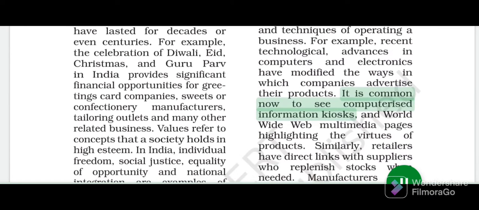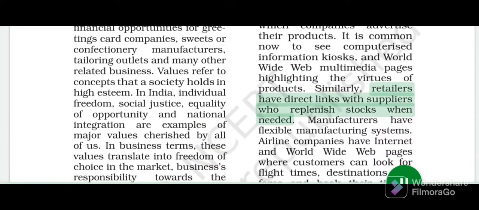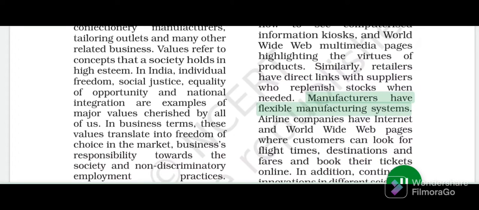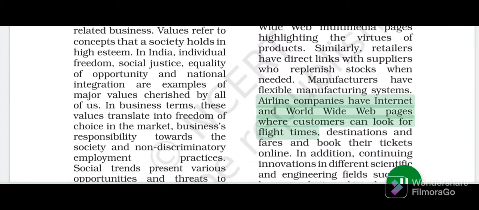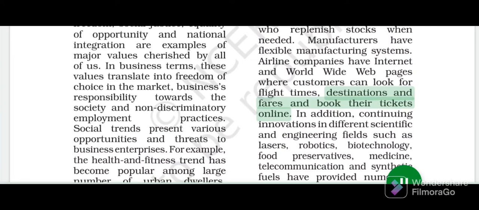It is common now to see computerized information kiosks and World Wide Web multimedia pages highlighting the virtues of products. Similarly, retailers have direct links with suppliers who replenish stocks when needed. Manufacturers have flexible manufacturing systems. Airline companies have internet and World Wide Web pages where customers can look for flight times, destinations and fares and book their tickets online.